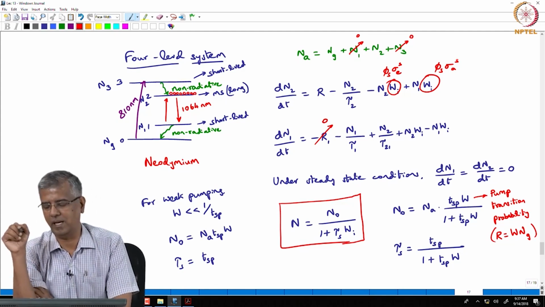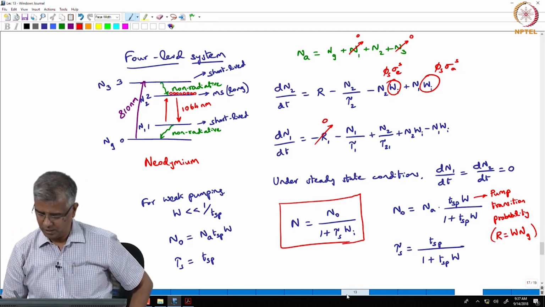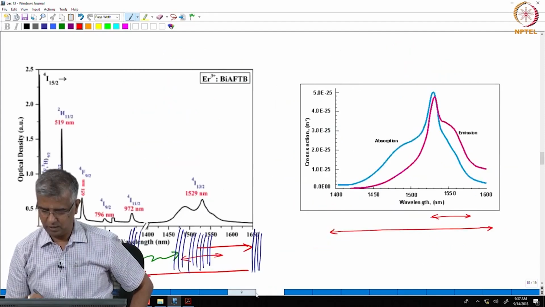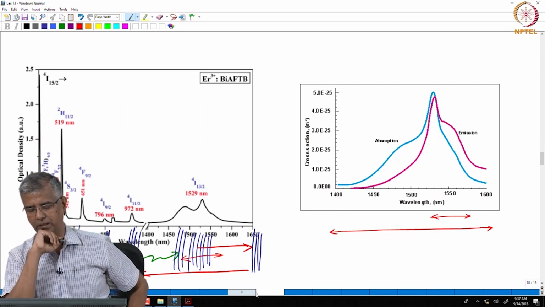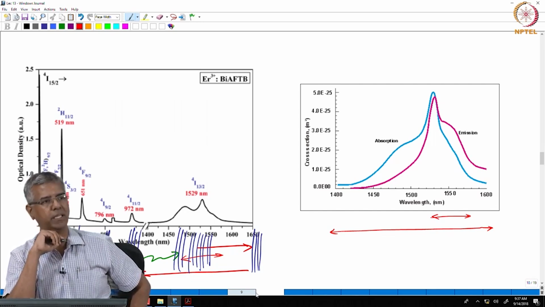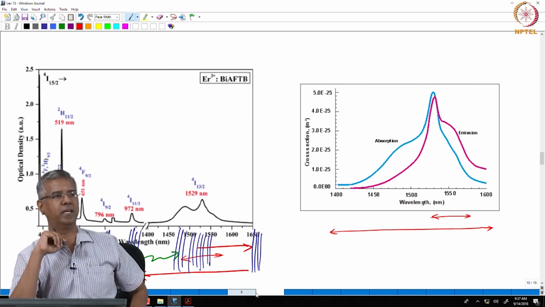Let's look at how sigma E and sigma A would be, and for that we have previously considered this erbium absorption and emission cross sections. And what do you see here? What can you say about sigma E and sigma A?